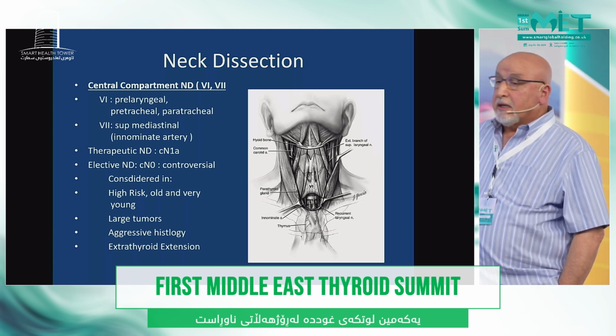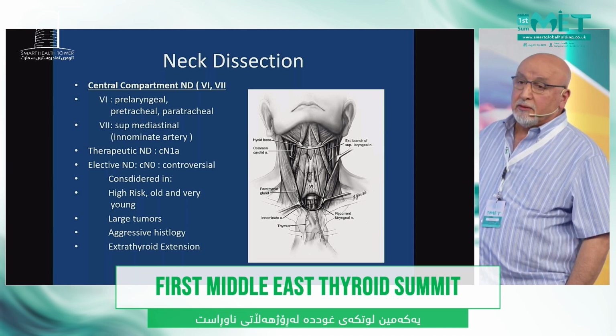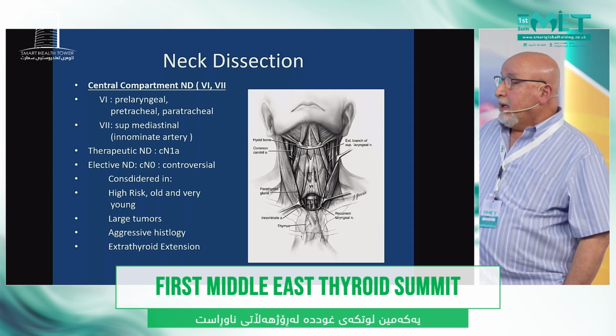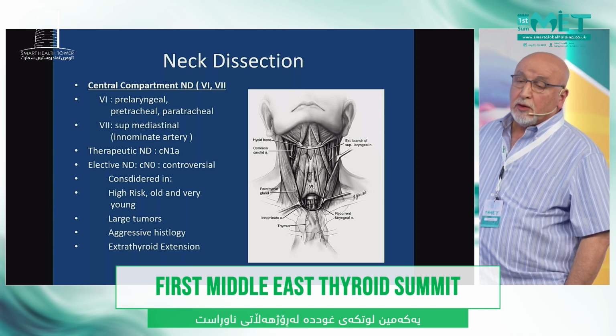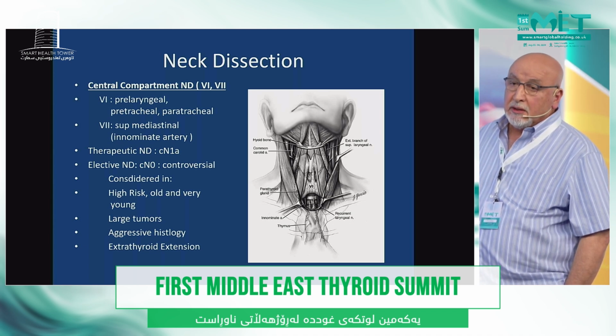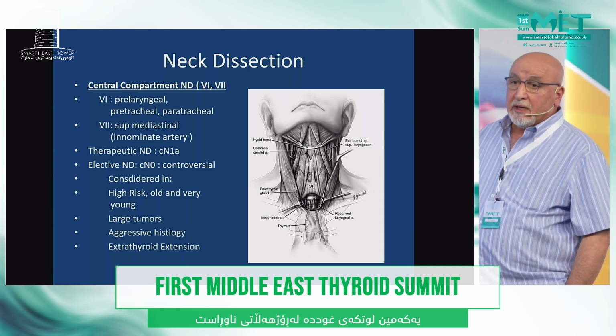However, it can be considered if you have a high-risk patient, the very old or the very young, and if you have large tumors above T4, and when there is aggressive histology, and when there is gross extrathyroidal extension, you might consider performing central compartment for N0 disease.